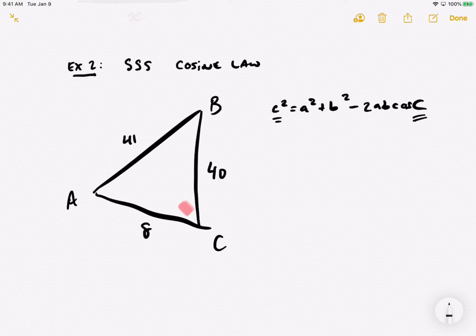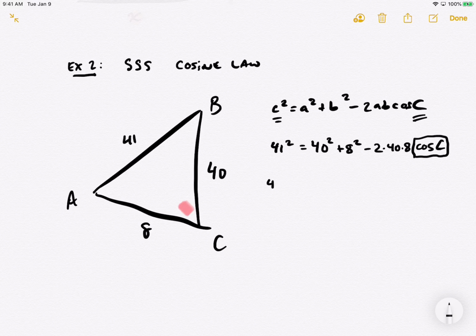Everything else is symmetric. So I would say here then that 41 squared is equal to 40 squared plus 8 squared minus 2 times 40 times 8 times the cosine of C. And I would solve that equation right there for the cosine of C.